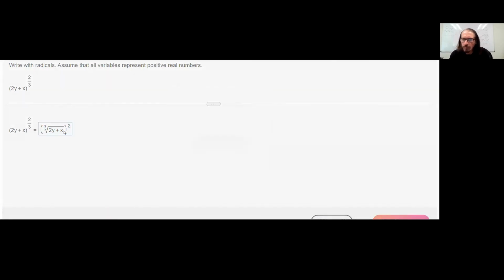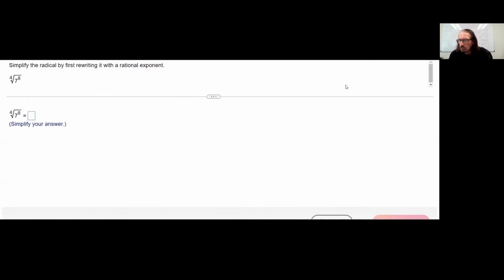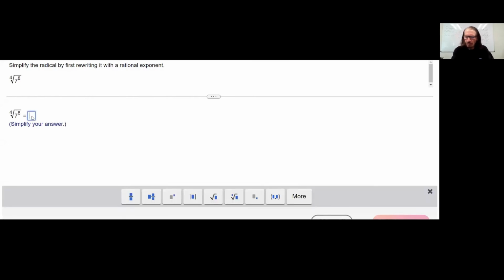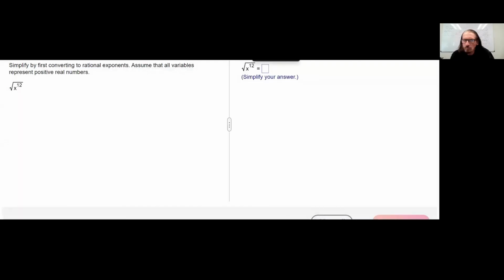And that's good. Here we have 7 to the 8th. We're taking the 4th root of that. So that means with a fractional exponent, that would be 7 to the 8/4, which is reducing to 7 squared, or 49. Erasing the work, checking the answer, and it's good.